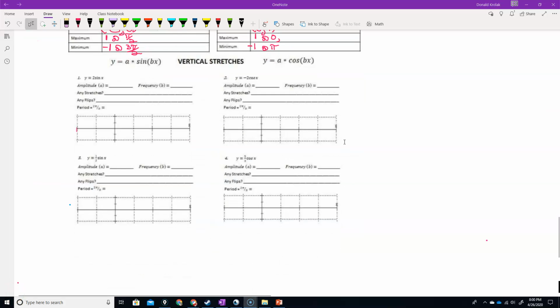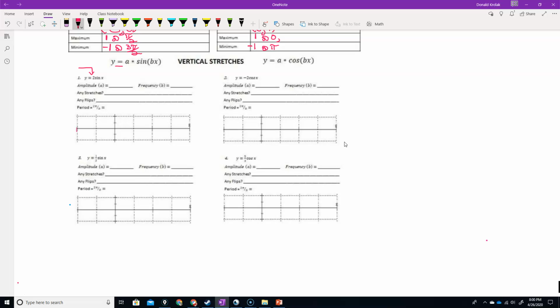All right, now we're going to start graphing these, and to graph them, you have to be able to look at the equation and be able to tell the characteristics of the graph. So for example, the number out in front stands for the amplitude. Whatever that number is, that's where your high and your low point is going to be.